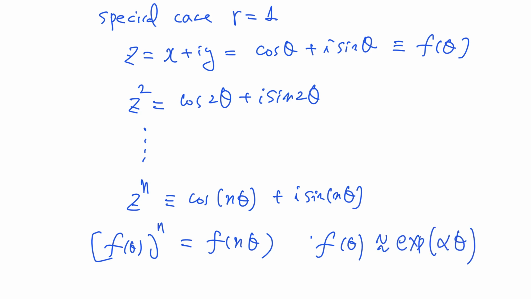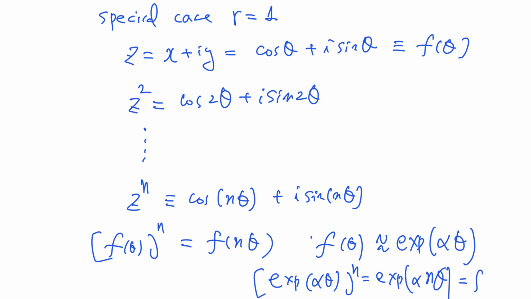Exponential alpha theta. Then exponential alpha theta to the n is exponential alpha n theta, right? Which is actually f of n theta. This is f of theta to the n, right?